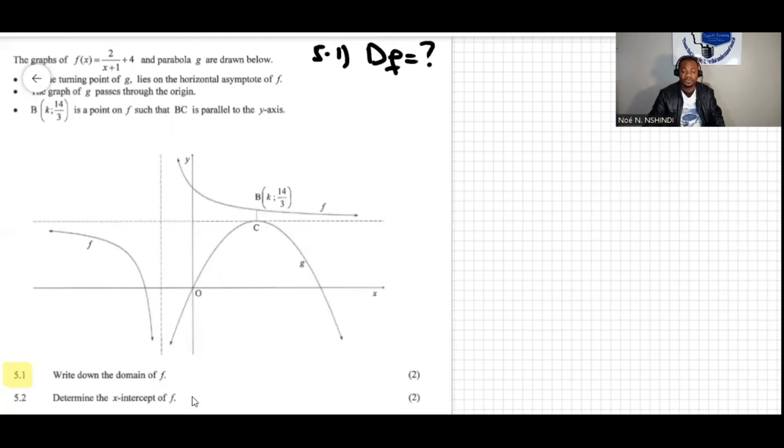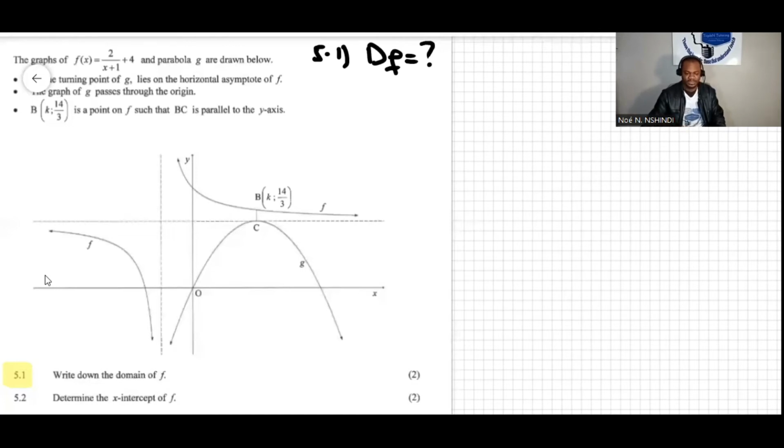Now, the domain is all the acceptable x values. When we look at f, it is the graph of a hyperbola. So the domain must be all the values of x in R except the vertical asymptote.